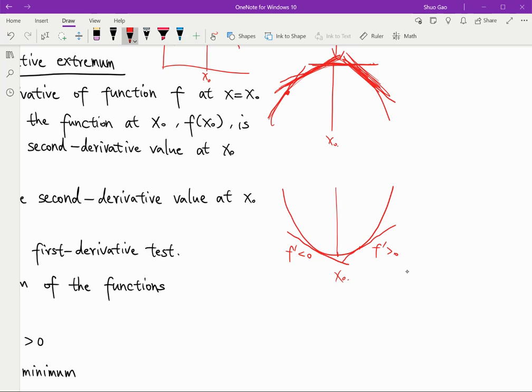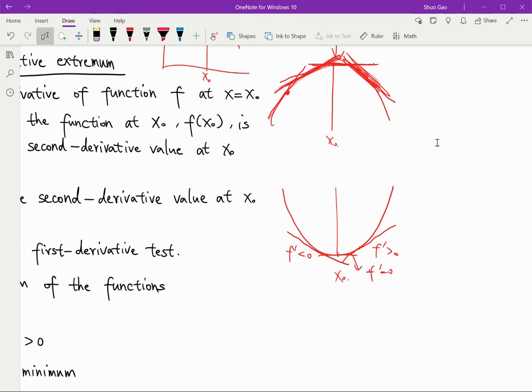At x0 here, the slope is 0. This means that the slope of the function changes from a negative number to a positive number from the left neighborhood of x0 to the right neighborhood of x0.